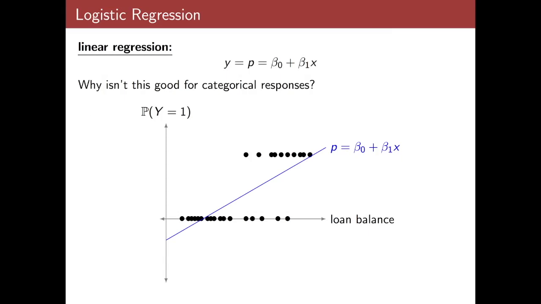Here our vertical axis is the probability of default. So probability is 0 if they don't default, and it's 1 if they do default. But if I did linear regression, the line could take on any value. Could be negative values, could be values bigger than 1, whereas probabilities should only be between 0 and 1.